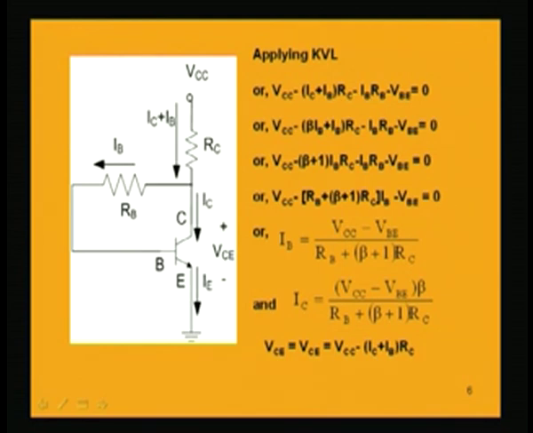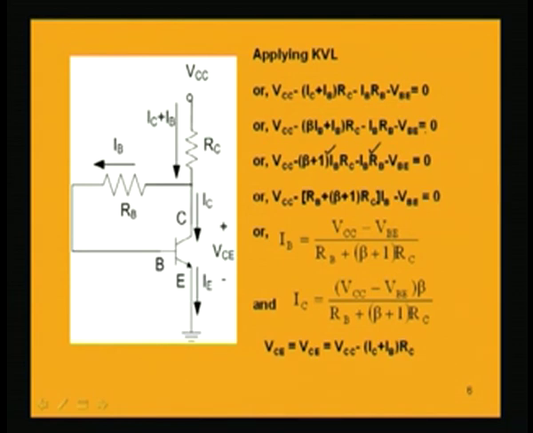Now we get the expression: VCC minus beta plus 1 into IB into RC, minus IB into RB, minus VBE is equal to 0. We can further simplify it by writing it as VCC minus RB plus beta plus 1 into RC, whole into IB, taking IB common between these two terms, minus VBE is equal to 0.